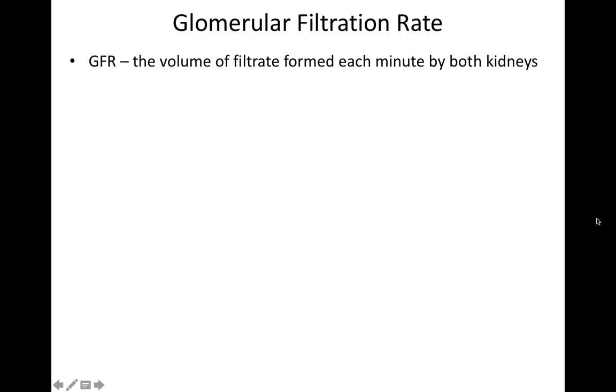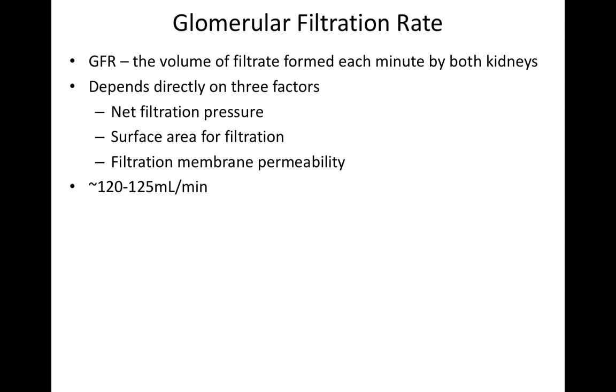So GFR, or the glomerular filtration rate, is basically the volume of filtrate that we are forming per minute. It's usually somewhere between 120 to 125 mils. So GFR depends directly on three things. Number one, that net filtration pressure. So it has to be above the pressures that are pulling in. The surface area available.